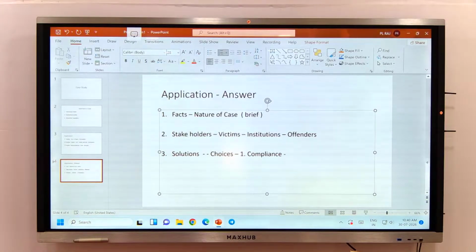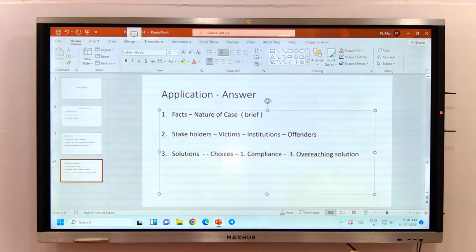Then the extreme one is your overreaching solution. Overreaching solution means beyond the procedures, unprecedented, acting against the procedures. It may be an act of extreme emotions.